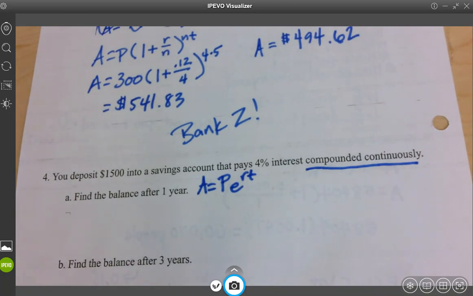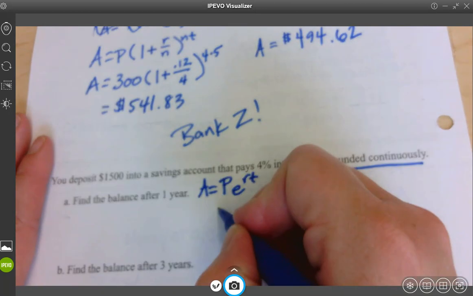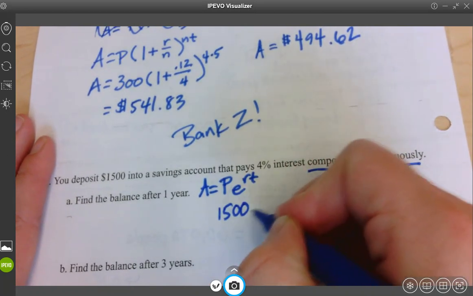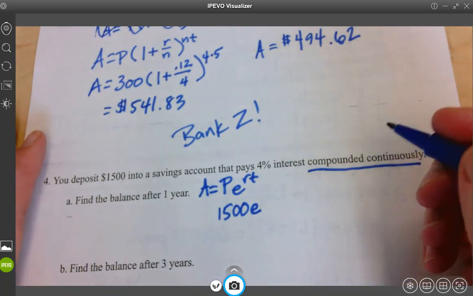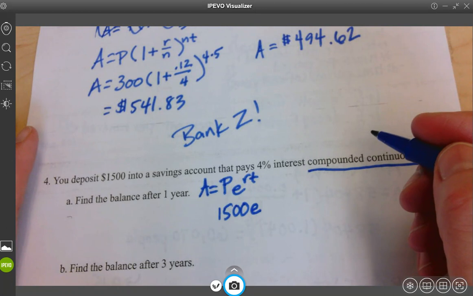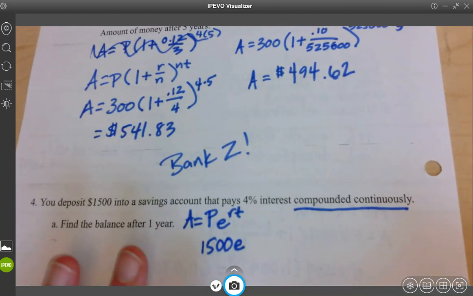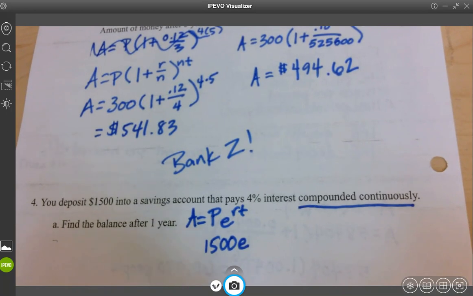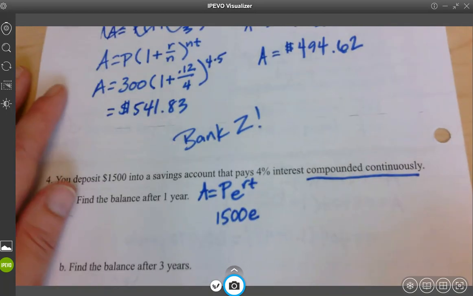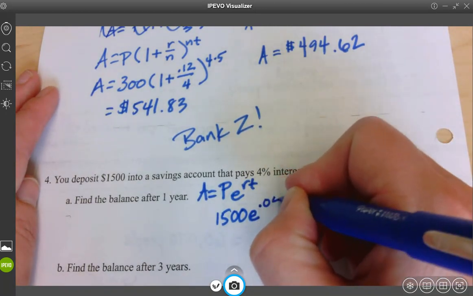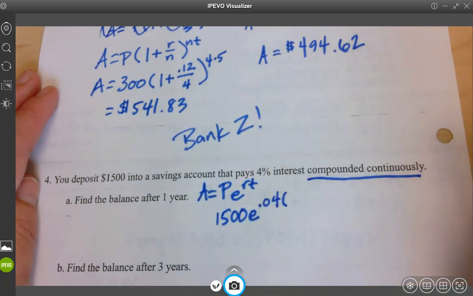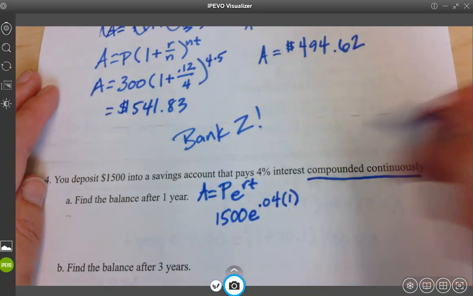All right, and then this time our principal is 1,500. E is going to stay E, just like pi stays pi, until you put it into the calculator. So you don't need to write down 2.7 because it's going to be rounded. If you use E, Desmos will give you a lot more digits than we're going to write. And then R times T, 1 year. Okay?